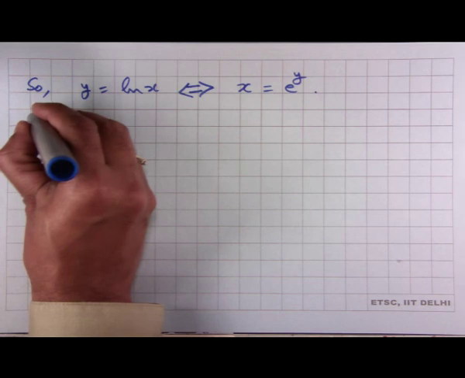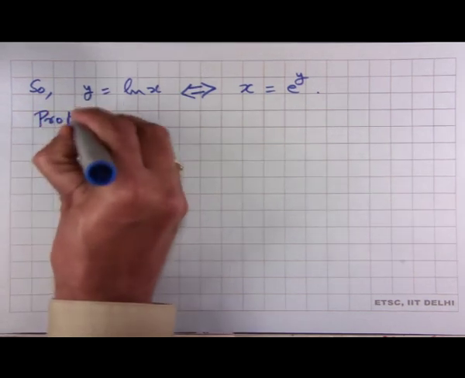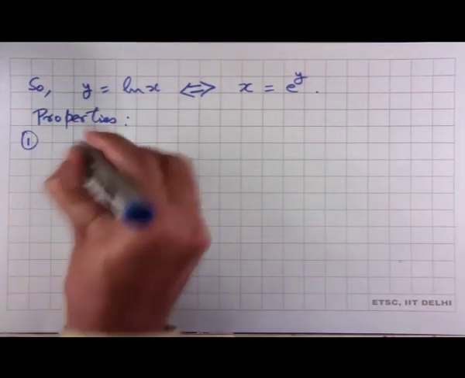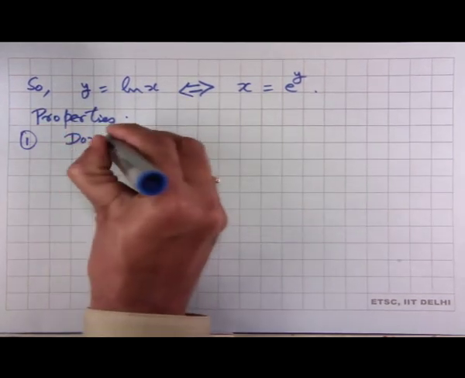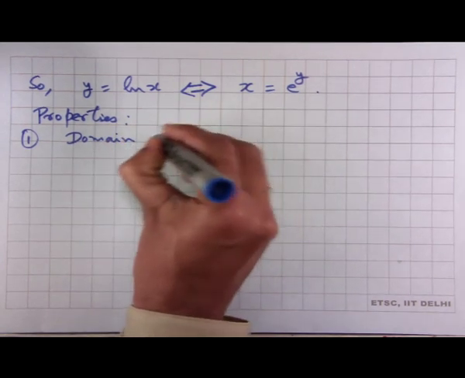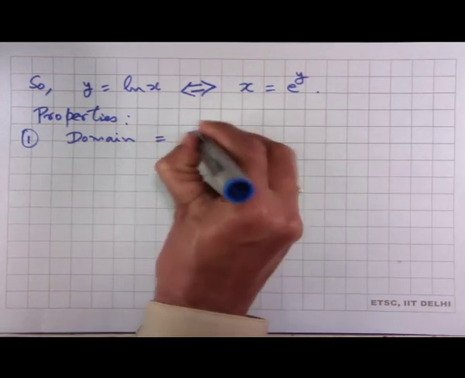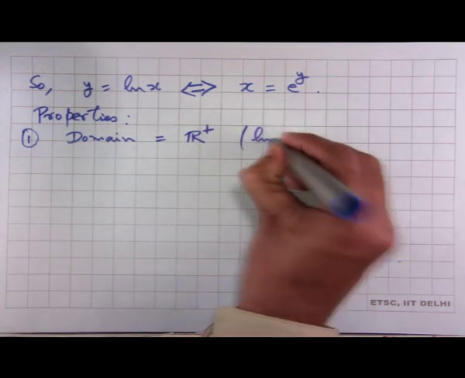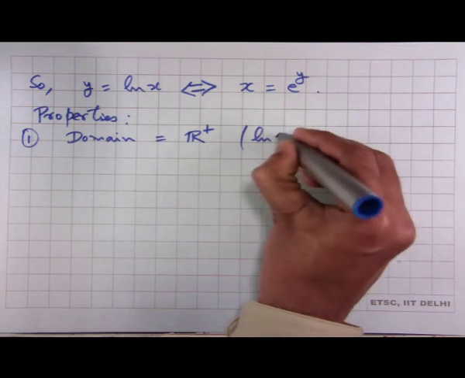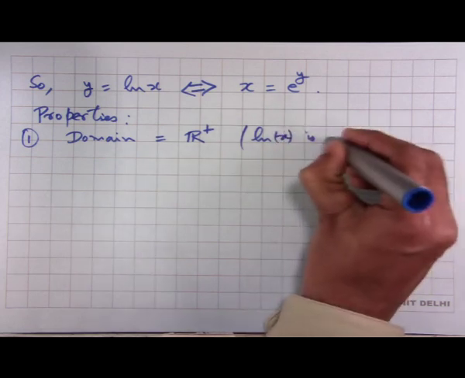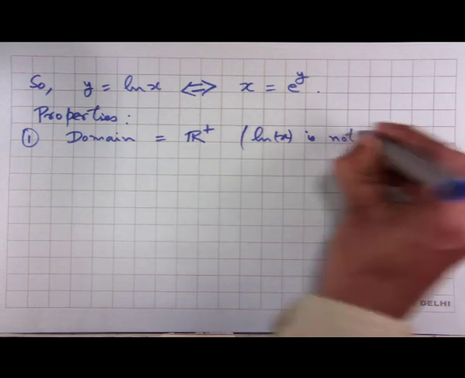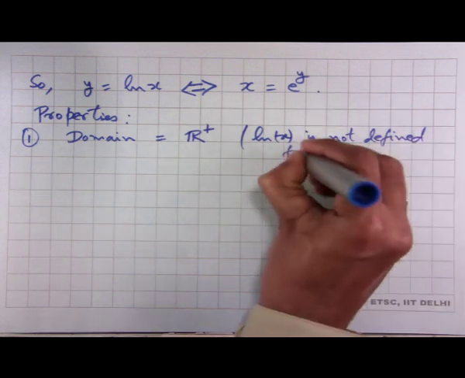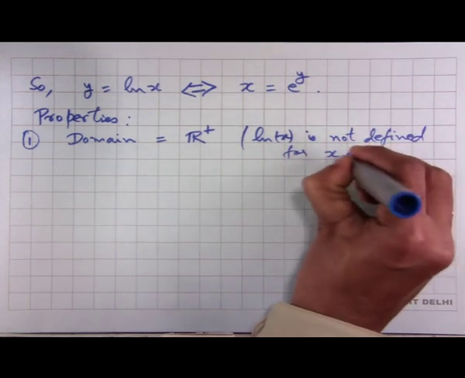Now, what are the properties of the logarithm of x? First, what is the domain? The domain is R plus, that is, ln x is not defined for x negative or 0.